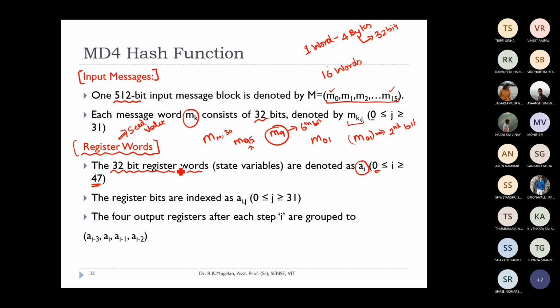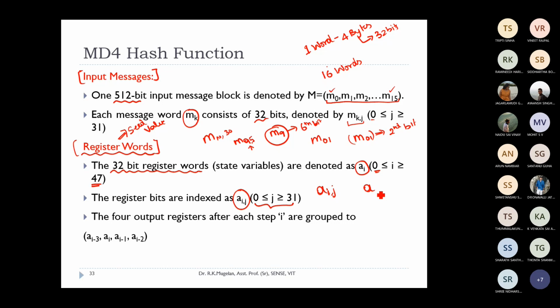So a 32-bit register word, and each word will go through 48 steps. We'll see how this works, and the register bits. These register bits will be represented as A i, j, because bits range from 0 to 31, and each and every bit in every step will be represented as A i, j.